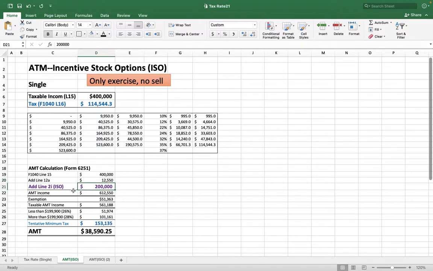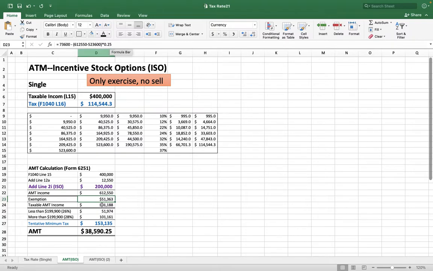Then you add your ISO adjustment, which is $200,000, as you can see here. Then you get your AMT income. You are allowed an exemption, which is similar to a standard deduction. For a single filer, if your income is below $523,600, you would get $73,600.